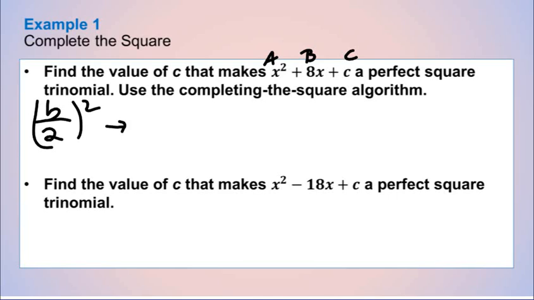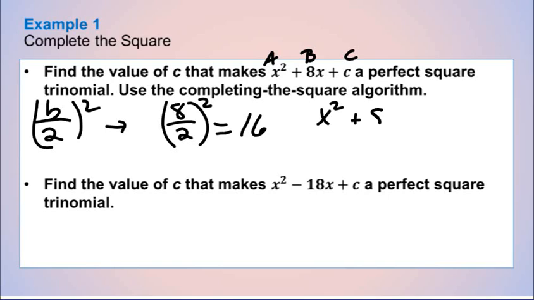So my b in this case is 8. Divide that by 2, and then square it. 8 divided by 2 is 4. 4 squared is 16. So my equation would be x squared plus 8x plus 16, with 16 being our c, because if I could factor it, this would be x plus 4 squared.